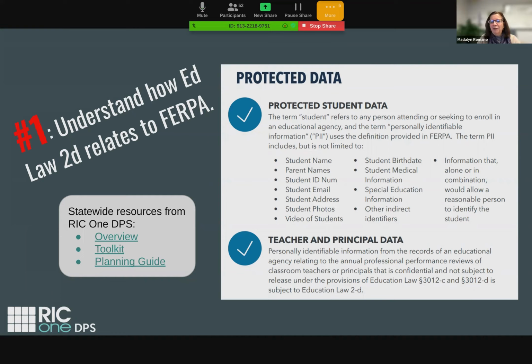Jason, I'm just going to interrupt for a second. Go ahead. One of the things that we've gotten as feedback from State Ed about directory information is it's not so much the data element itself, but how the data are being used that determines whether or not it could be considered directory information. So if you're having a website and you have the wrestling team on there, having the student's first name is protected data.